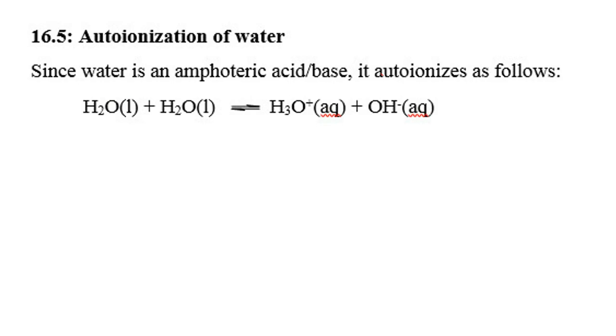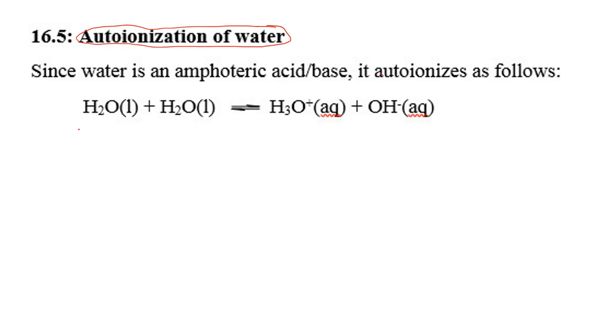Because water is amphoteric, it can undergo auto-ionization. It can ionize itself, making itself into different types of ions. So how do we show that? Consider this equation.